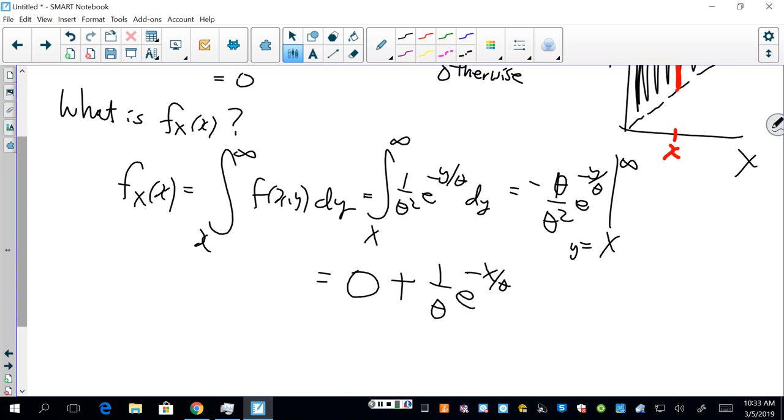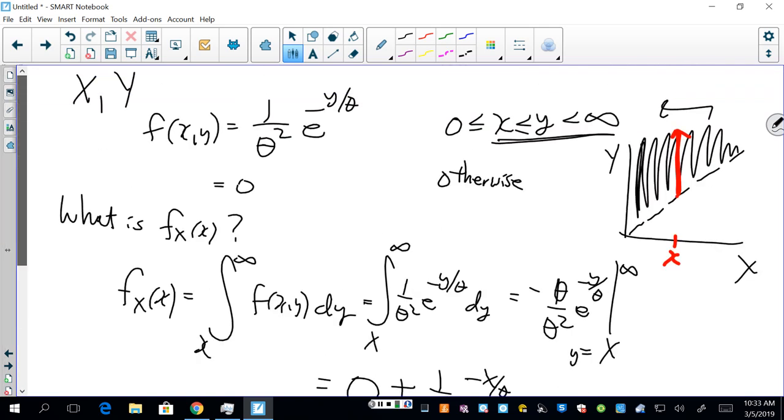So what does x turn out to be? Marginally, what's the distribution of x? So we have that density function, and if there's no restriction based on y, if y is not there, x can go over the whole real line.